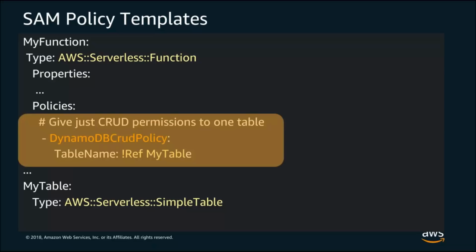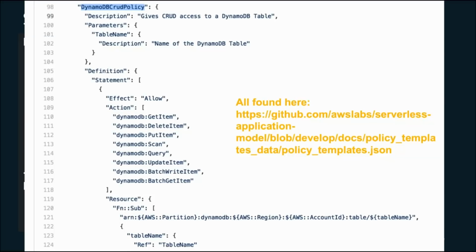And what you can actually do is reference back in GitHub this policy into what it will actually do for you. And so I'm passing in here a table name referencing my table, which is a simple table at the bottom of this SAM template. Now if I go into GitHub and pull up the policy template itself, I can actually see here what it is that the DynamoDB CRUD policy gives me.